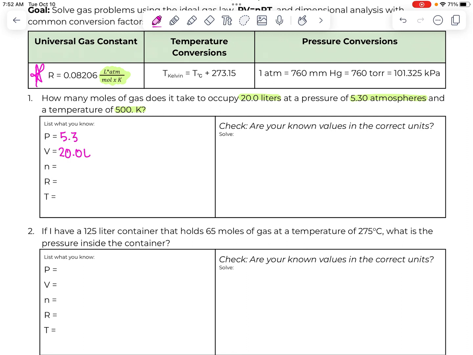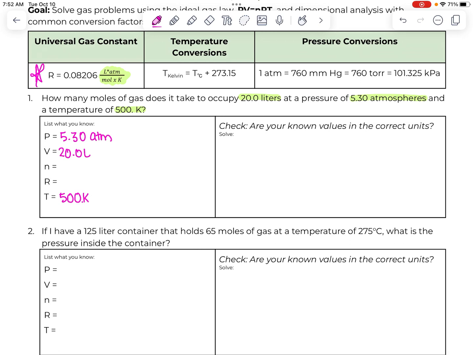I give a pressure of 5.3 atm, and I want to keep all those, and a temperature of 500 Kelvin, decimal. That decimal point is critical because now we know we need to report all of our final answers to the correct number of significant figures.